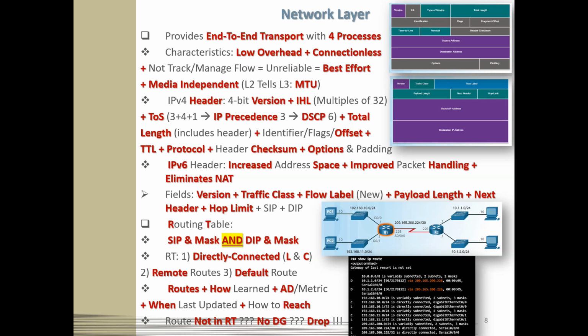So D for differentiated, S for services, C for code, and P for point, DSCP. Having 6 bits length, that gives you 2 to the power of 6 possible values, or 64 values that can be used with DSCP in order to prioritize traffic.